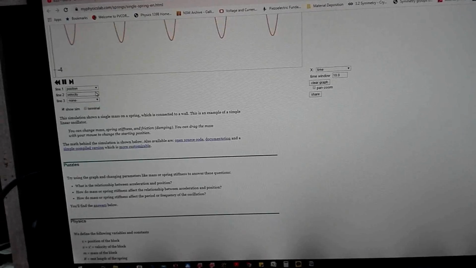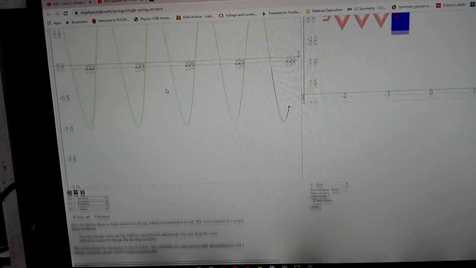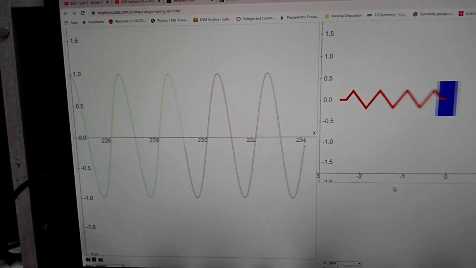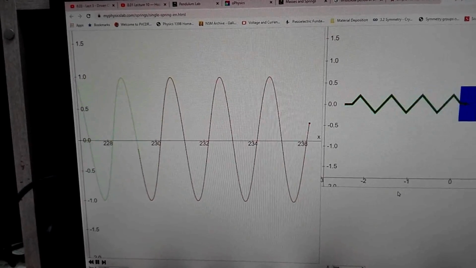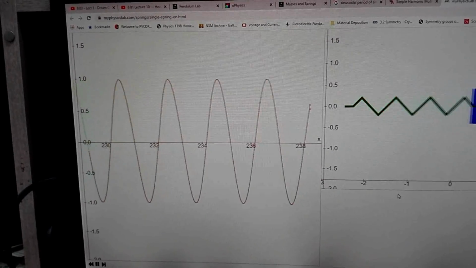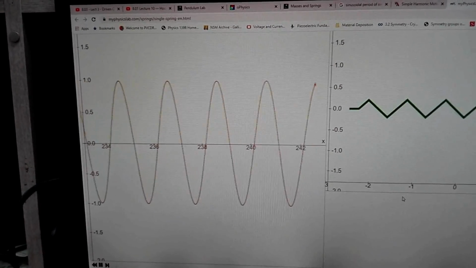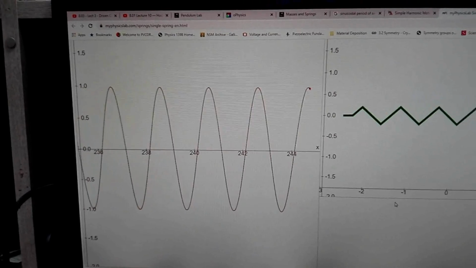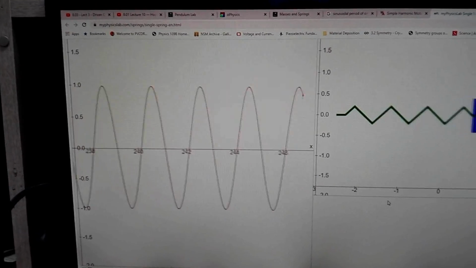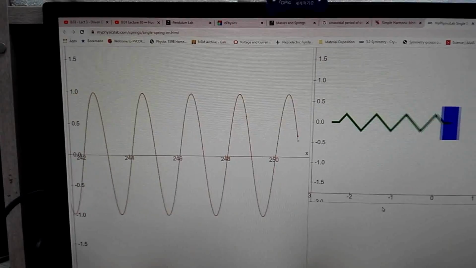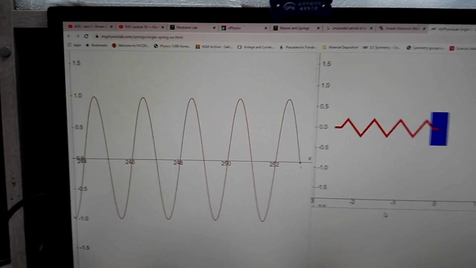So this is the graph. Actually from here we just need the position, and you see this graph is a sinusoidal graph. So from this graph, what do you think? What will be the solution of that differential equation? It should be cosine.